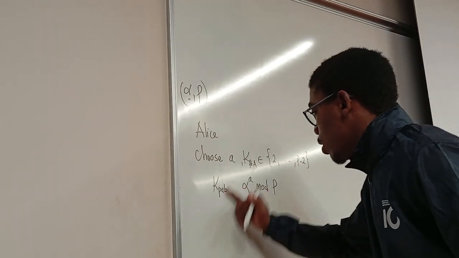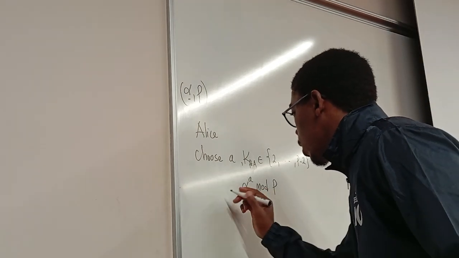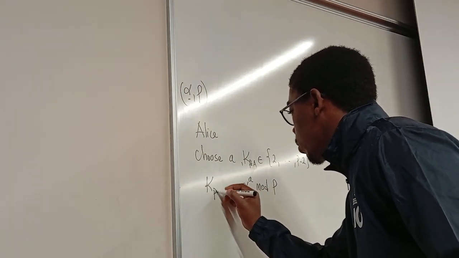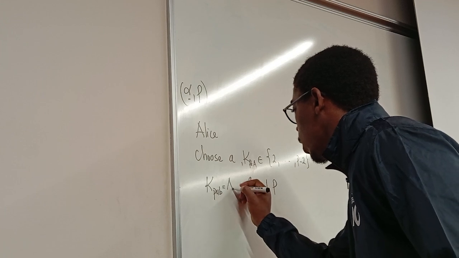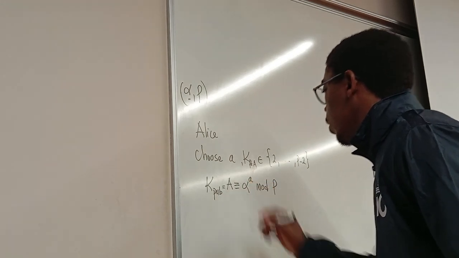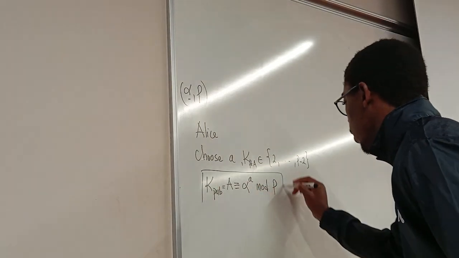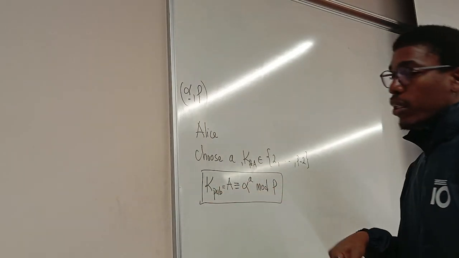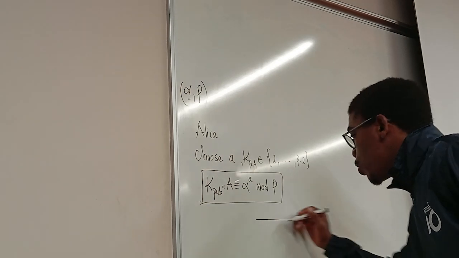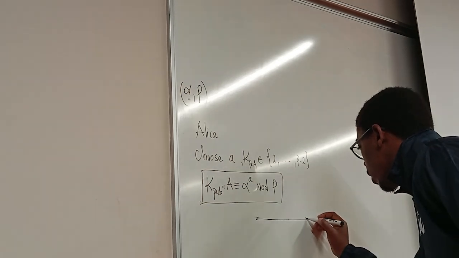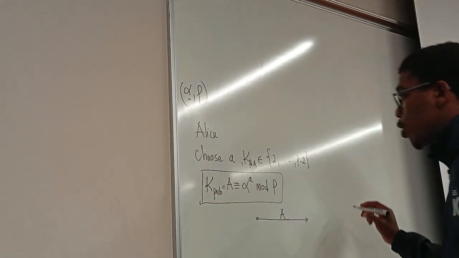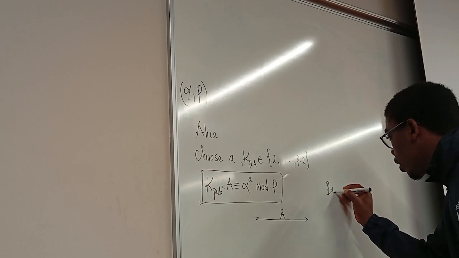So we're going to say K pub A is congruent to this. So this is her public key. This is actually what she sends, this A, she sends it to Bob. So Bob is on this other end.